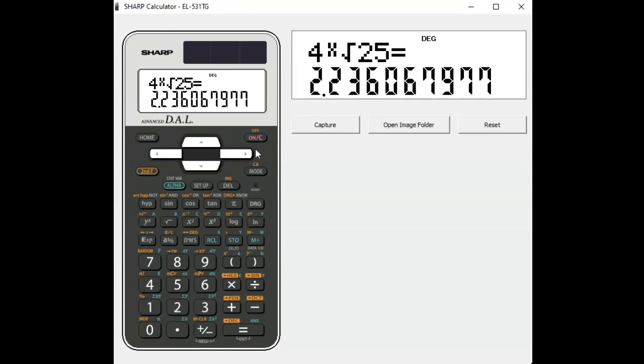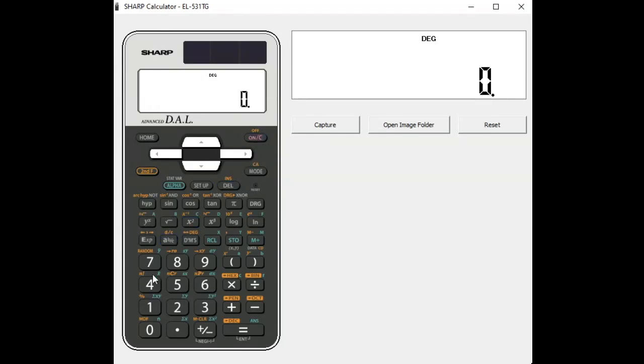And then another button, and probably the best one on here, arguably, is the fraction button. This is your a b/c. On some calculators, it'll look a little bit different, but usually it's in this format. The a being the whole number, and then the b over c being your fraction. So you're able to put in a mixed fraction and a proper fraction.